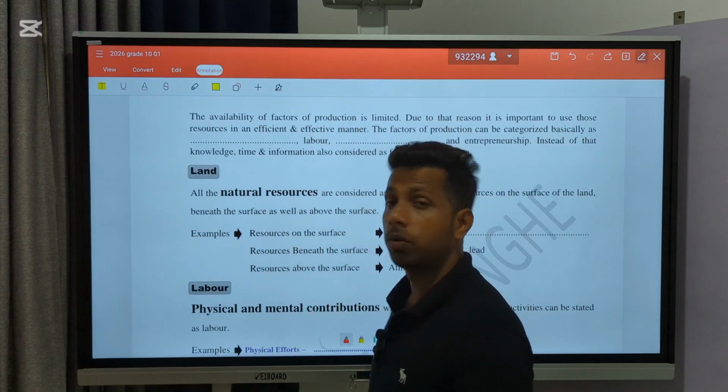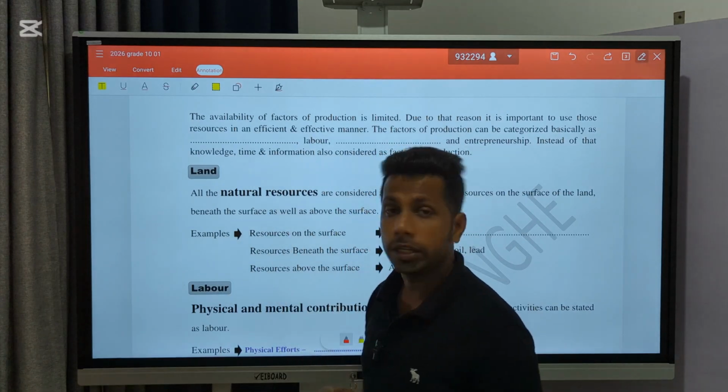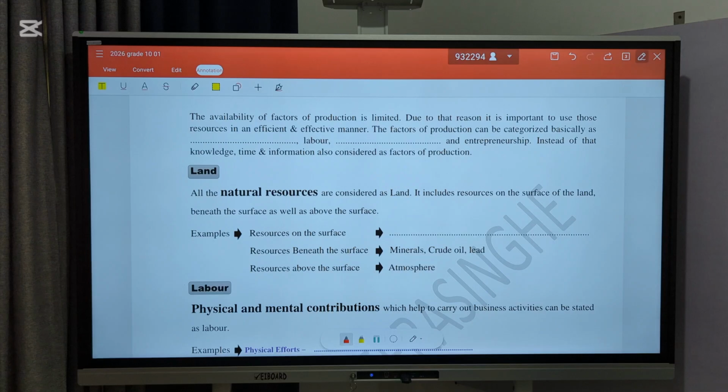Before talking about the 4 main categories, like I mentioned earlier, we need to complete these blanks as well. The availability of factors of production is limited. Due to that reason, it is important to use those resources in an efficient and effective manner.